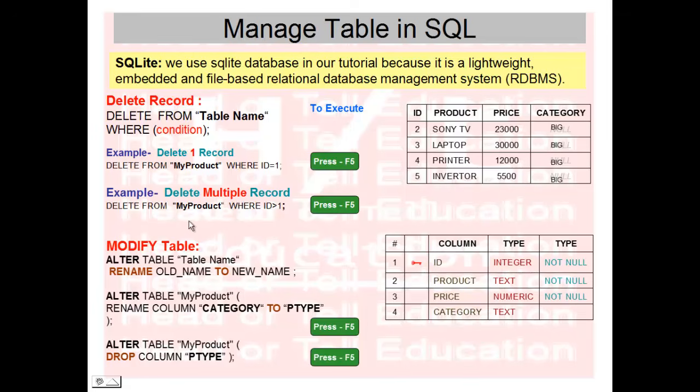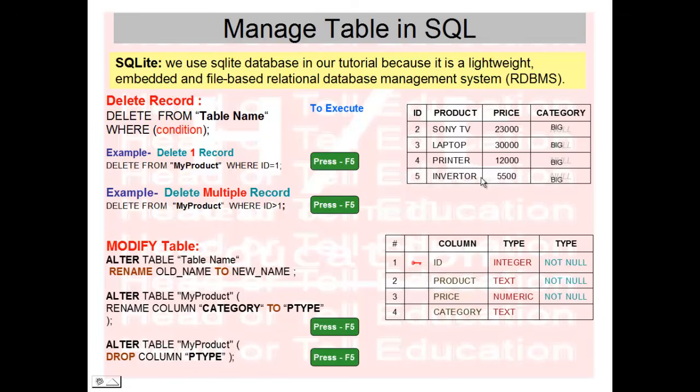Now if we want to delete multiple records, 1000 records, 10,000 or lakh records, we write delete from my product where id is greater than 1. So if id is greater than 1, all those ids are removed.